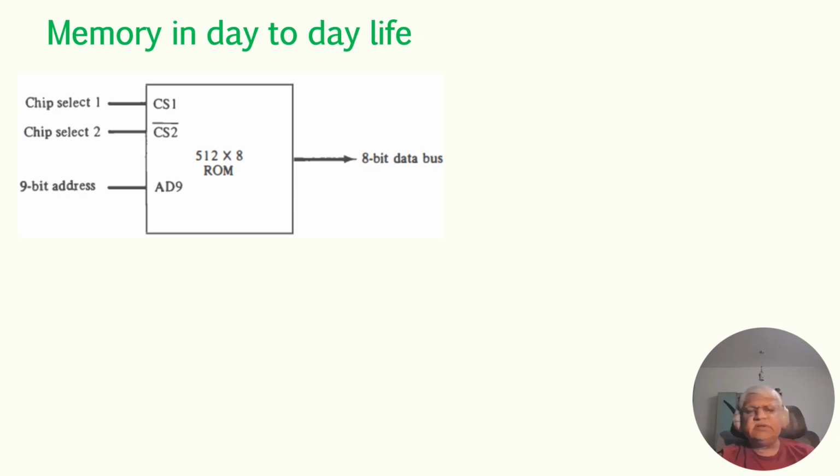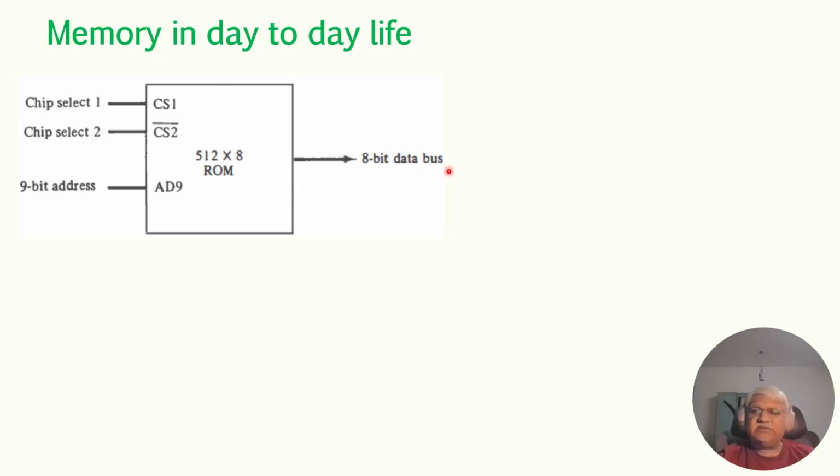Briefly, let us discuss the different types of memories used in the chip. Here, if you see, this is a ROM, and it has a 9-bit address. Hence it has 512 different address locations, and the data is kept in them.